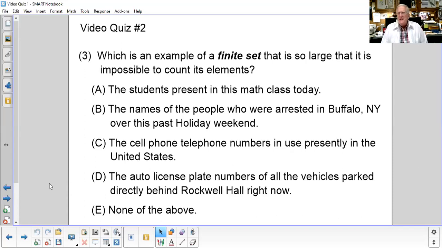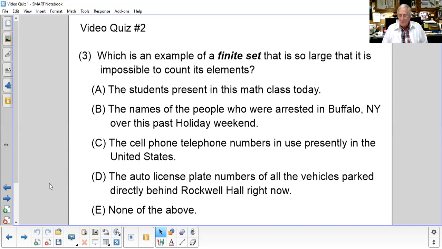Which do you think would be an example of a finite set? Remember, that's the opposite of being infinite. Infinite goes on forever. A finite set may be so doggone large that it's impossible really to count all of its elements.